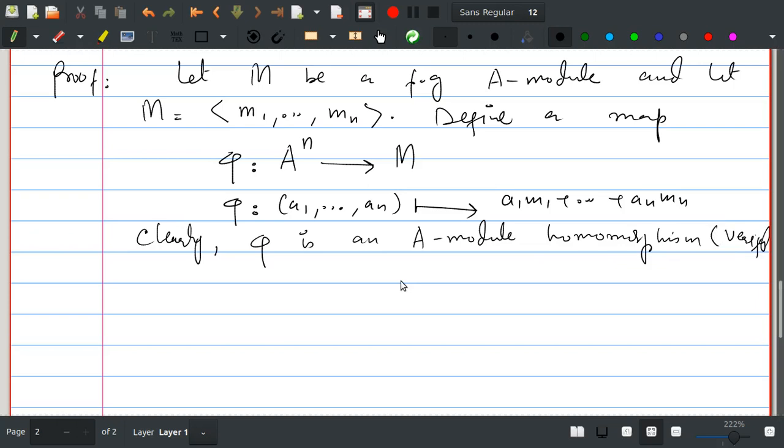Not only that, this phi is an A module homomorphism onto M. I mean, this phi is surjective because each element in M is going to look like this, because M is generated by these elements.